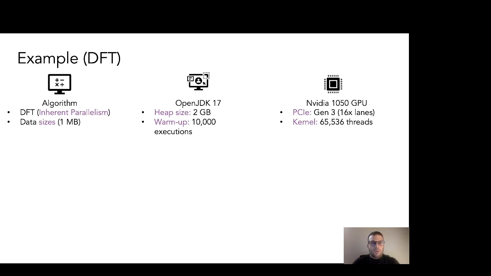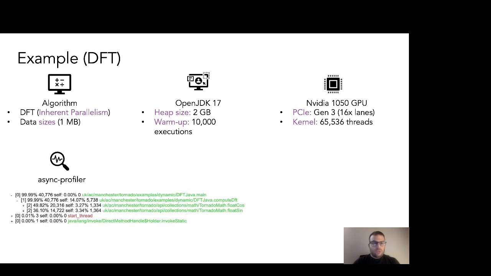I use 1 megabyte of data as the data size, and I configure my JVM, which is OpenJDK 17, to use 2 gigabytes as heap size, and I have warmed up. And I use the async profiler as a profiling tool, but it could be any JVM profiling tool.